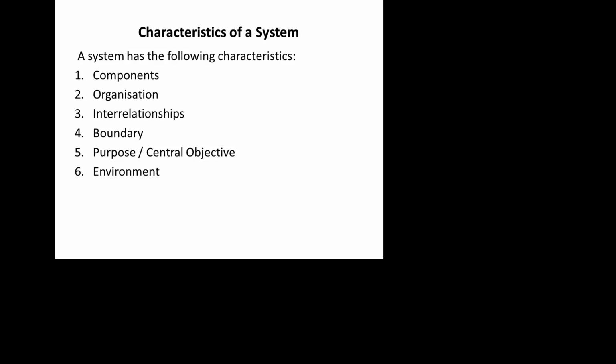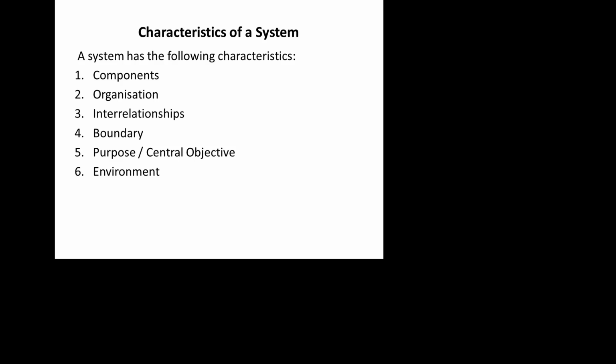Next one, the purpose or the central objective. Every system or subsystem of an organization in an information system will have its own purpose or objective to fulfill. The main purpose of a company's objective can be to give an improved quality product or service to the customer.